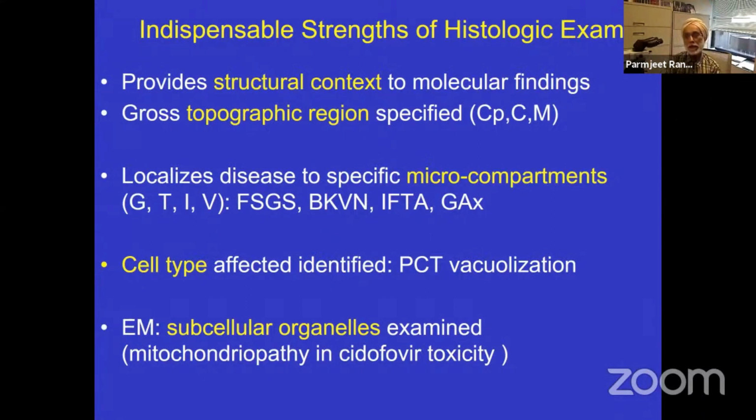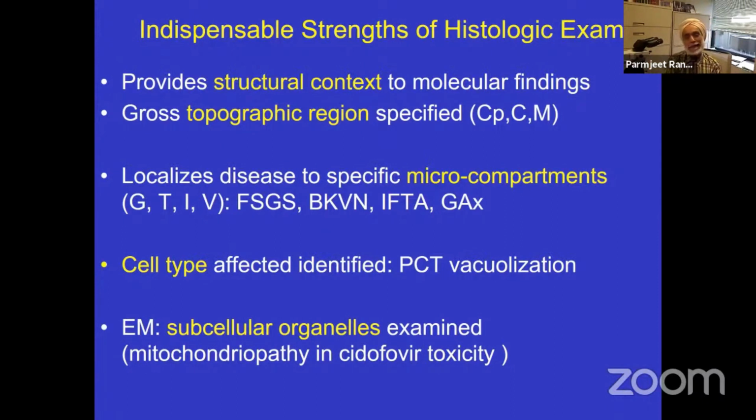Others affect the medulla, like pyelonephritis. Histology localizes the disease to specific microcompartments. Glomerular diseases like FSGS, tubular diseases like polyoma virus, interstitial diseases like IFTA, vascular diseases like graft arteriosclerosis. So this information can only come from a biopsy examined by a pathologist.